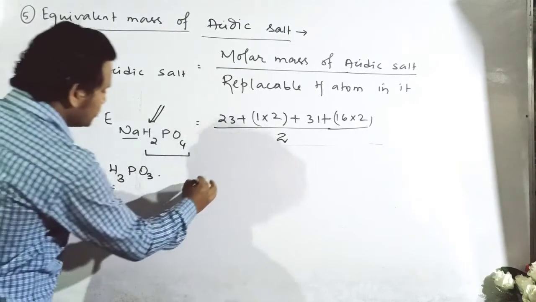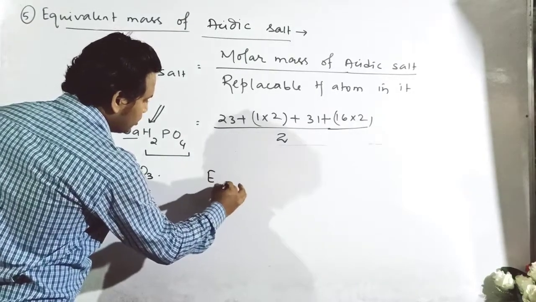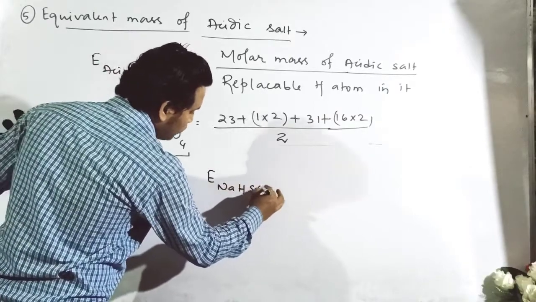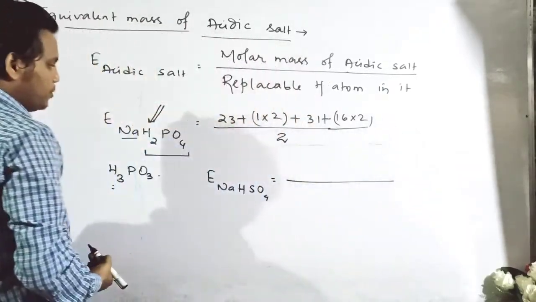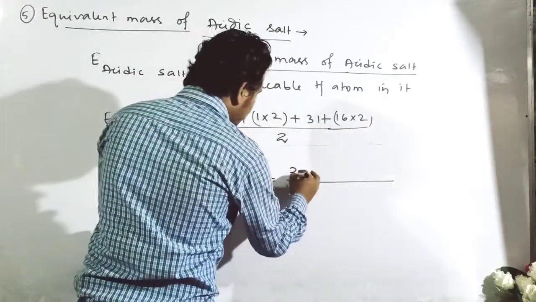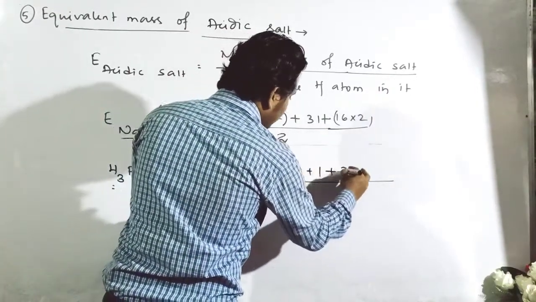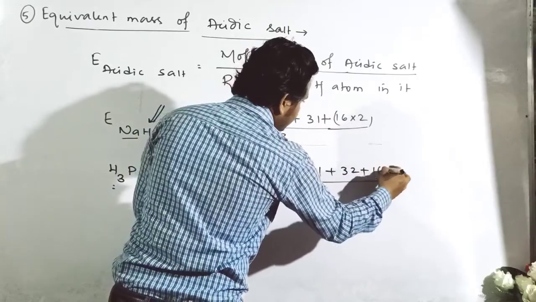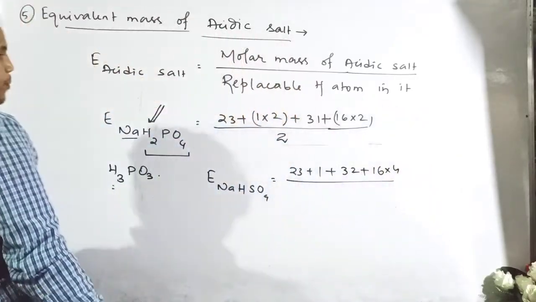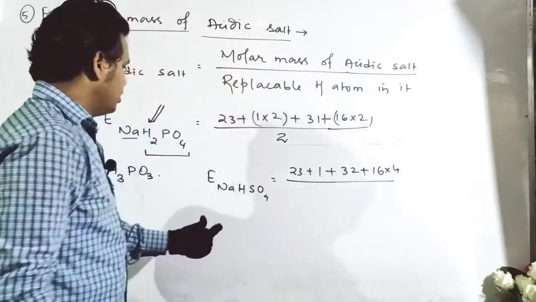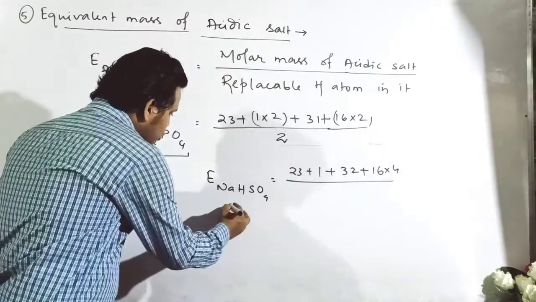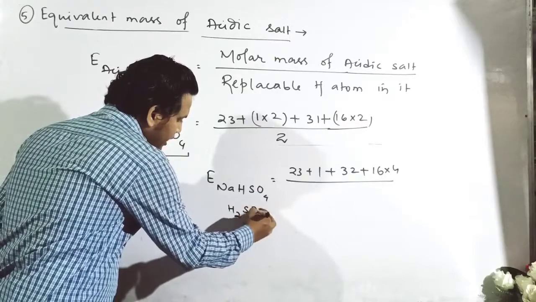Okay. Suppose equivalent mass of NaHSO4. What will it be? So molar mass of this. What is the molar mass? Sodium 23, hydrogen 1, sulfur 32, oxygen 16 into 4. We know that this is from H2SO4, sulfuric acid.